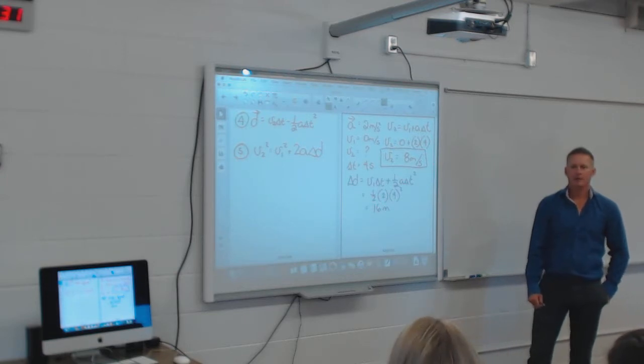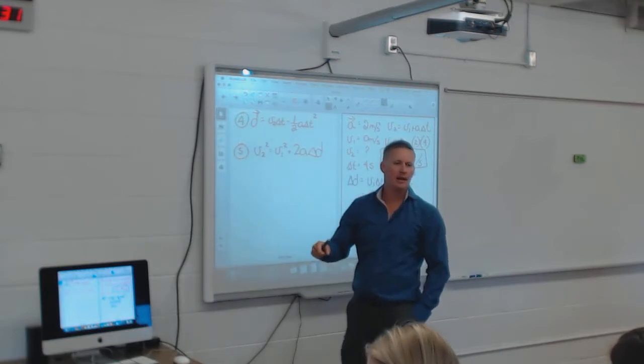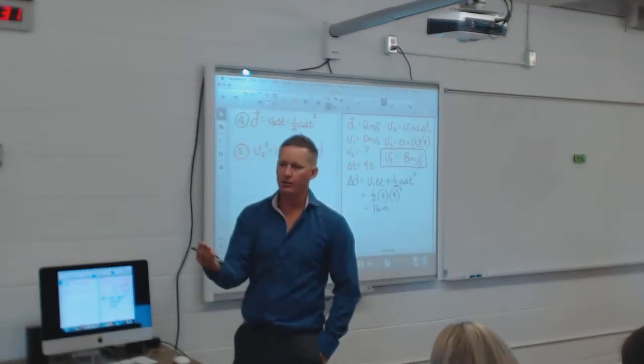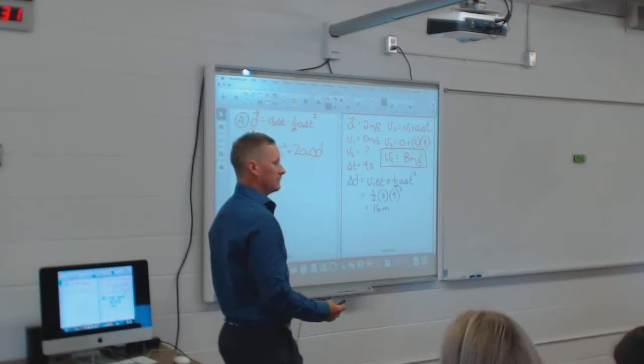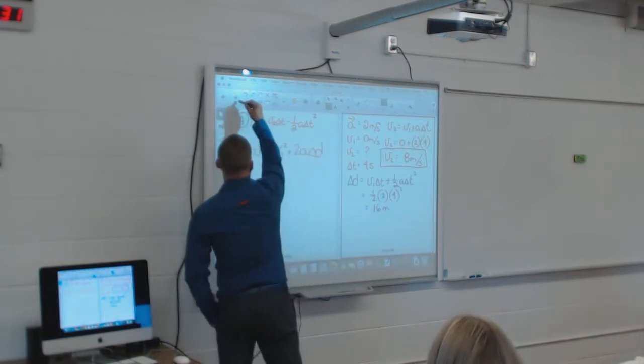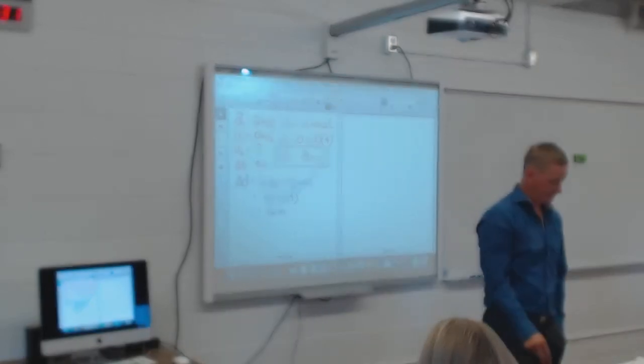All right? List the given information down the side and then use your formula sheet to pick the right equation to use. Got it? Any questions so far?